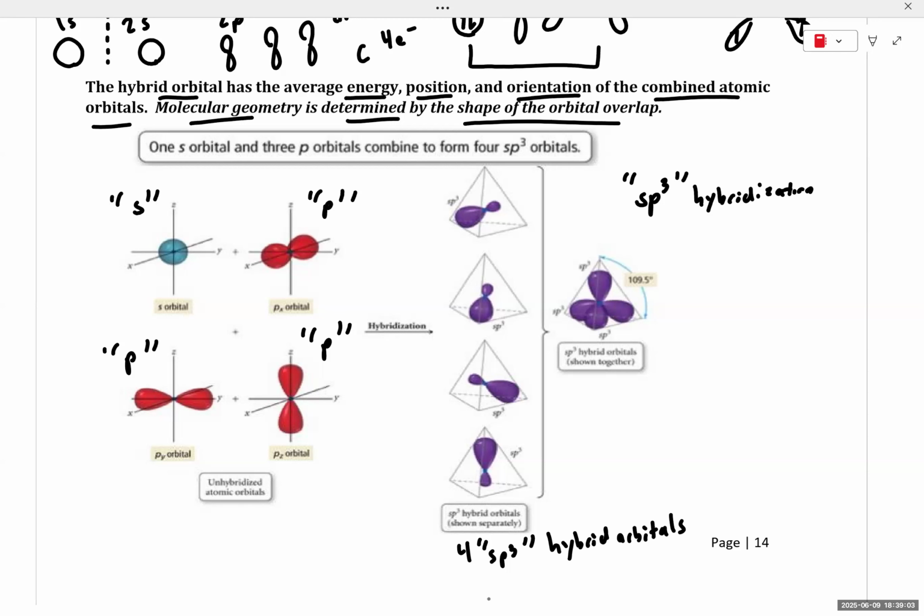And notice how each of the hybrid orbitals has almost like a mathematical average in terms of the position, orientation, and energy of the atomic orbitals that we combine together.